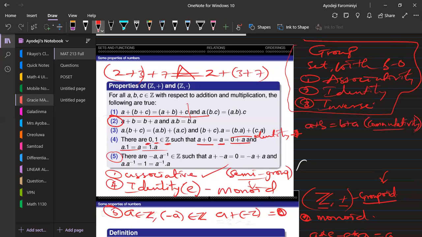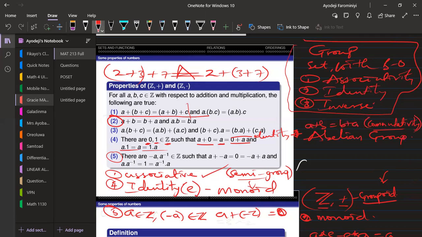If a group is commutative, then it is not just an ordinary group, we call it an abelian group. So a group that is commutative is what we know as an abelian group. Is that clear?